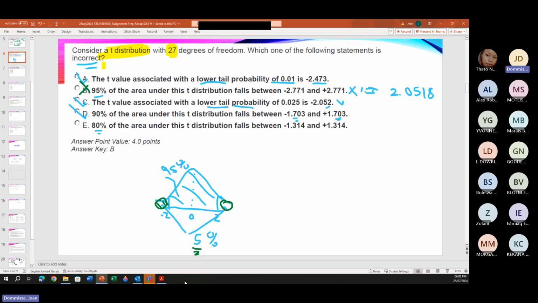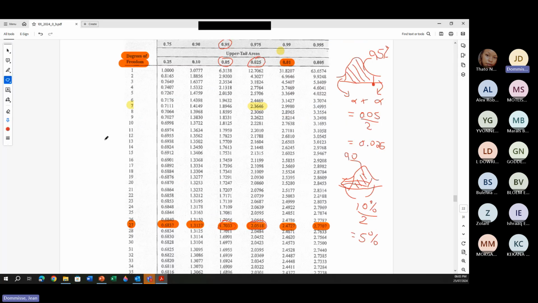80% of the area between the two. So let's do it on this side. What I now realize is that this will only be on the video and not the presentation.